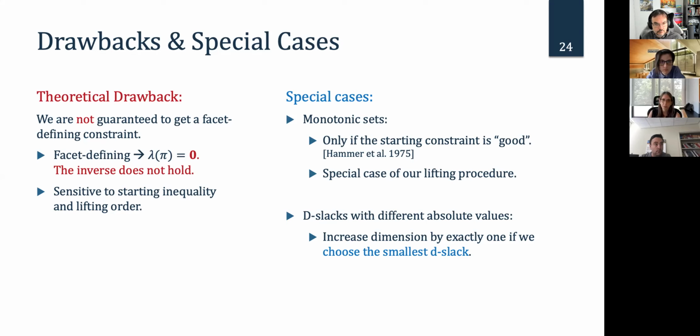We have some special cases where it works very well, for instance, for monotonic sets. That could be, for instance, an abstract problem. And also we were able to show that under certain conditions, if we do this lifting in a specific order, we actually get facet defining inequalities.